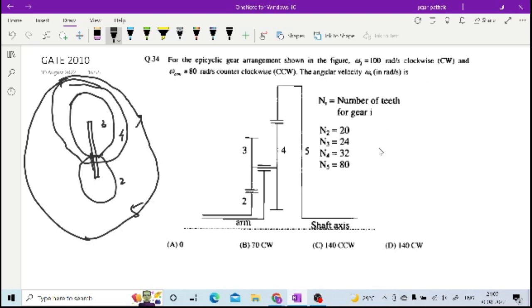Now once you have this kind of diagram, you can again start creating a table for gears 2, 3, 4 and 5. Number of teeth are given: 20, 24, 32 and 80. So can you solve this one? Please try and solve.